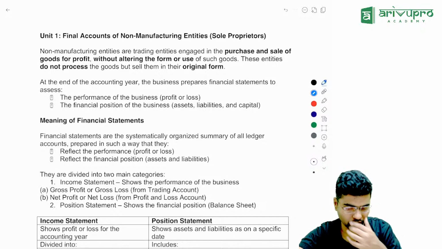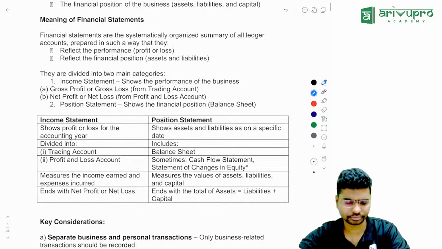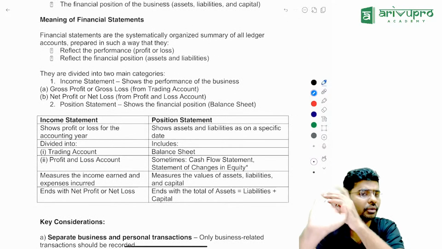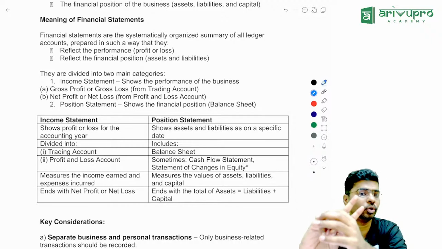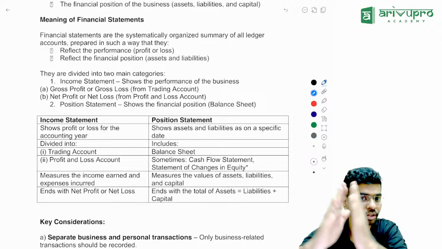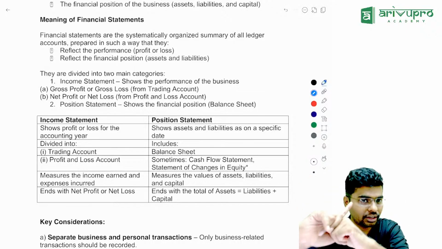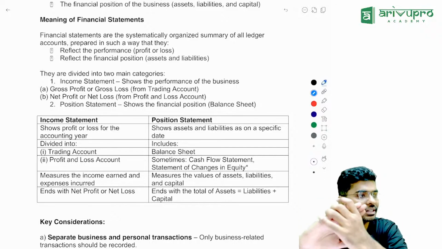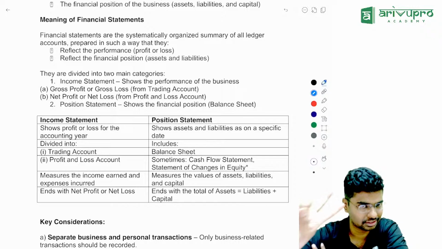The next part is with regards to your income statement. In the income statement, we break it into two more statements. One called the trading account, the other called the profit and loss account. The income statement is divided into how many more pieces? Two.